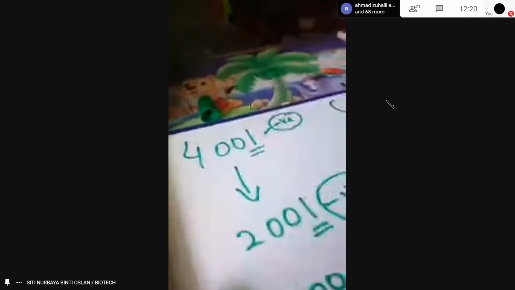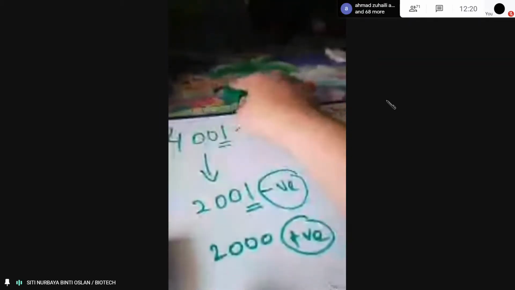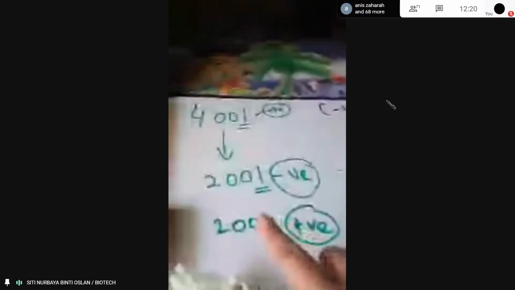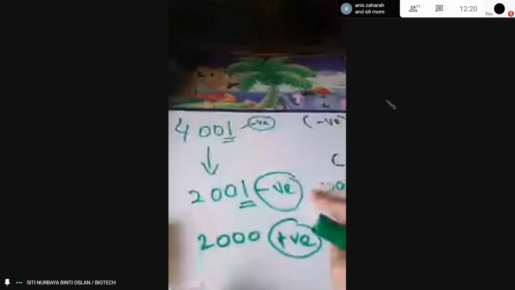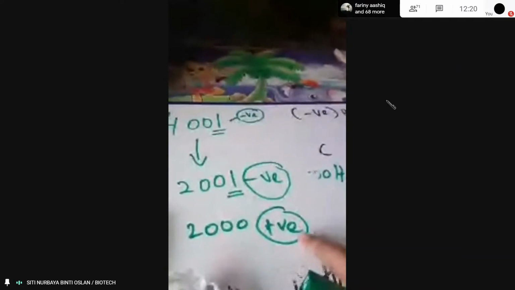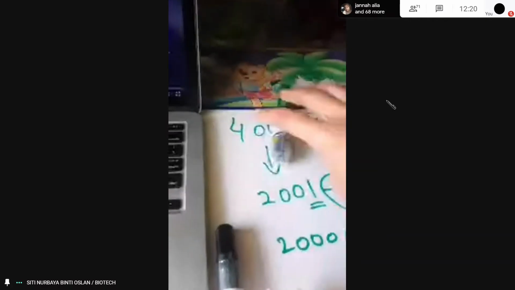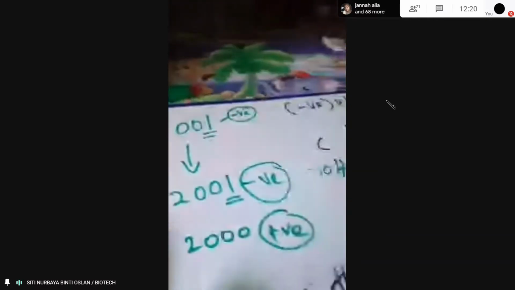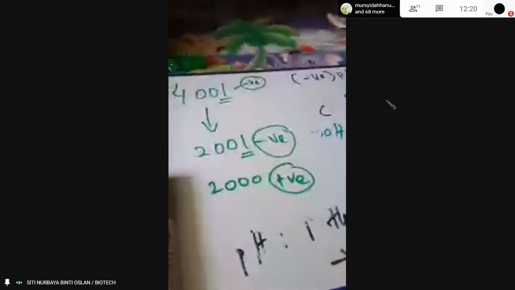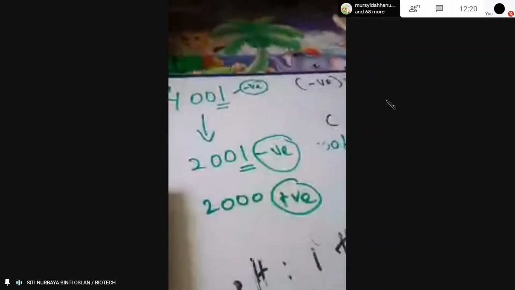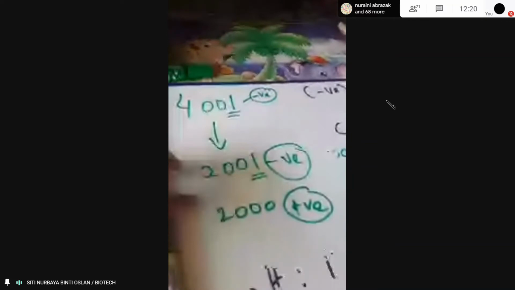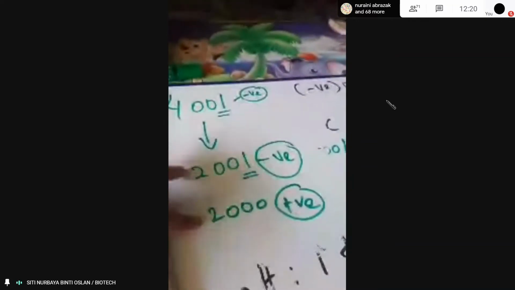Because the other 4,000, maybe they are positively charged. So at least the T1 lipase has been separated, either positively charged or negatively charged. So later you will know how powerful the affinity tag that we have used before is. Because if we use ion exchange, we can only separate just like this.